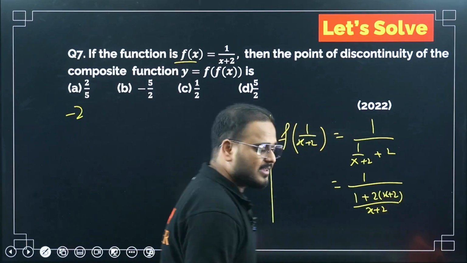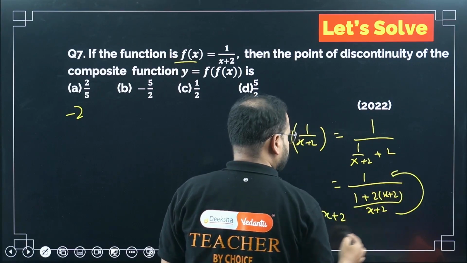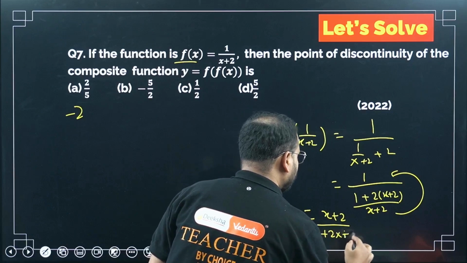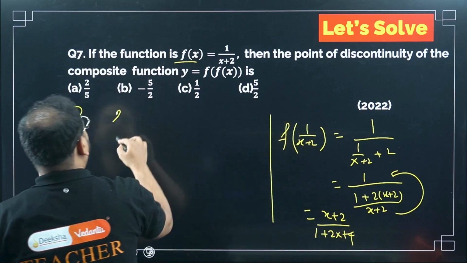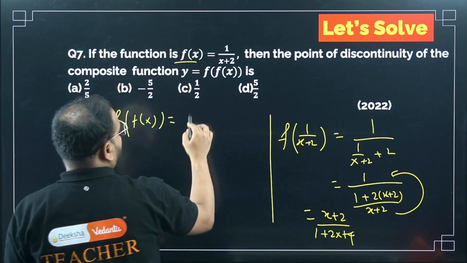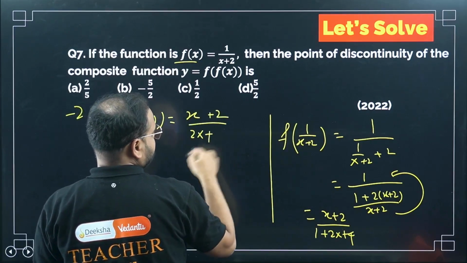Yes or no? Please have a look. This will become x plus 2 in the numerator. So x plus 2 upon 1 plus 2x plus 4. F of x is nothing but x plus 2 upon 2x plus 5.